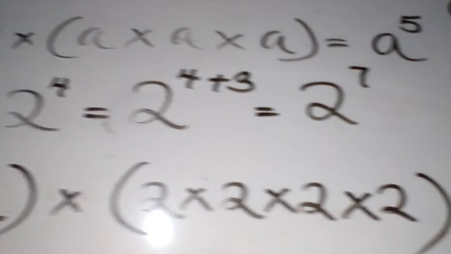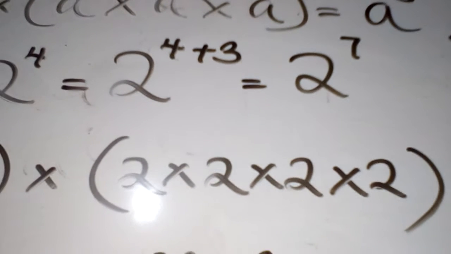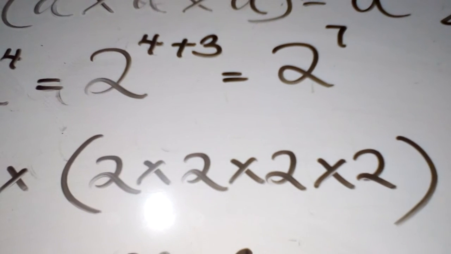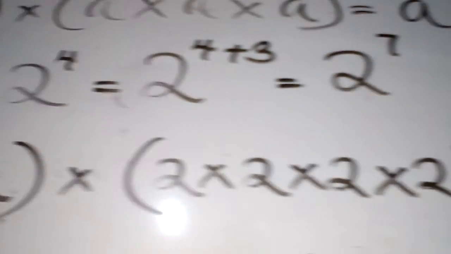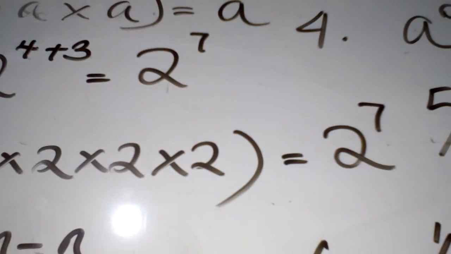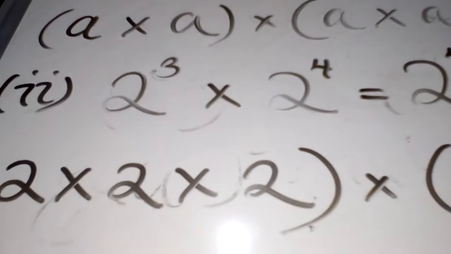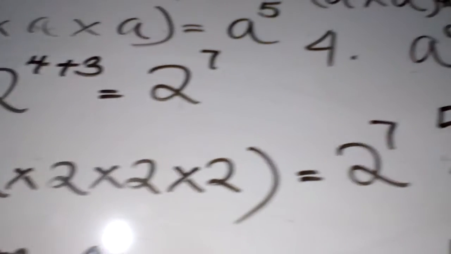So we have 4 2's on one side and 3 2's on the other side. So in total we've got 7 2's. So 7 is the index or the power.